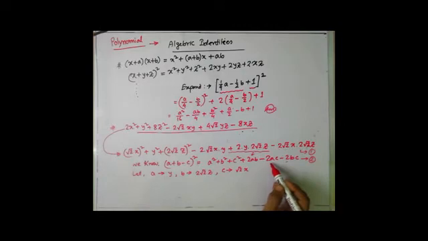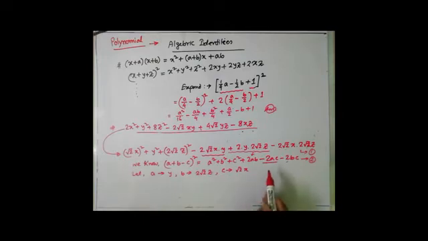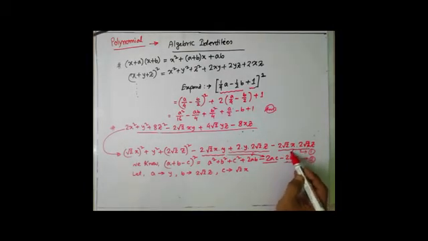Then minus twice ac. This minus twice ac can be matched with this part, because a is y and c is root 2x. So that is coming twice ac, and minus 2bc is matching with this one, because b is 2 root 2z and c is root 2x, so that part is matching with minus twice bc.